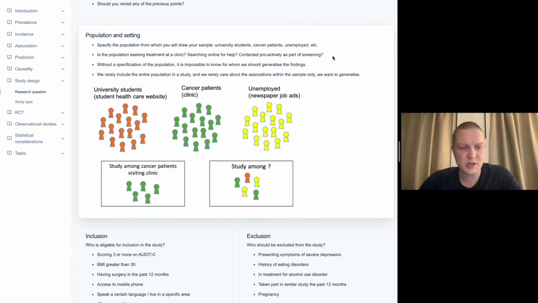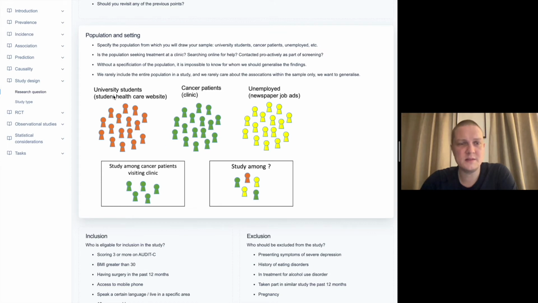And why do we want to generalize? Well, we rarely include the entire population in a study, and we rarely care about the associations within the sample only. We want to generalize to all university students, all cancer patients, and so on. So just to illustrate that, you could say, I have a bunch of university students here, cancer patients here, unemployed here.